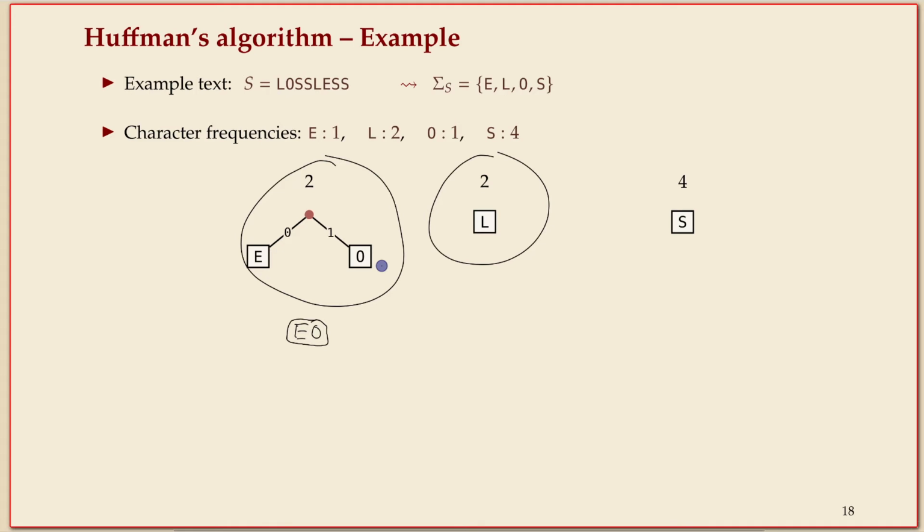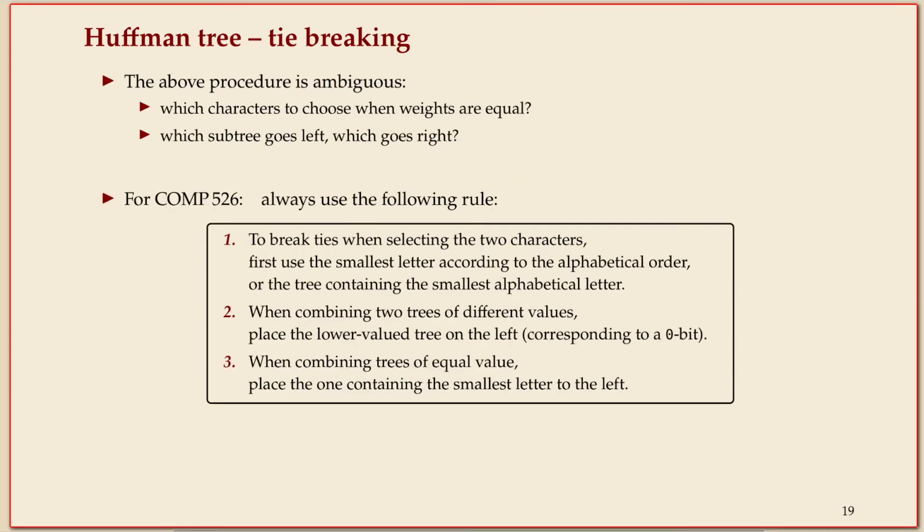There's a tie-breaking rule for that, which says when selecting the characters, if there are more than 2 that have minimal frequency, then we select the ones with smallest order in the alphabet. That's the first rule.